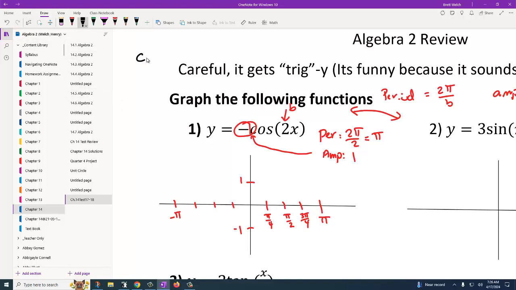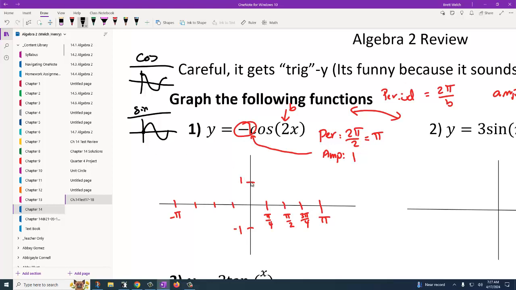If you can remember, the cosine graph typically looks like this, and a sine graph typically looks like this. Then you can use that pattern to help you figure out where the dots go in this specific case.